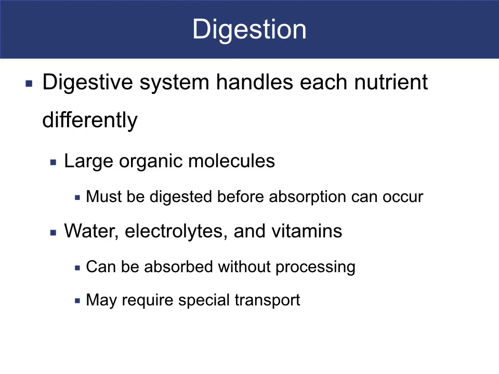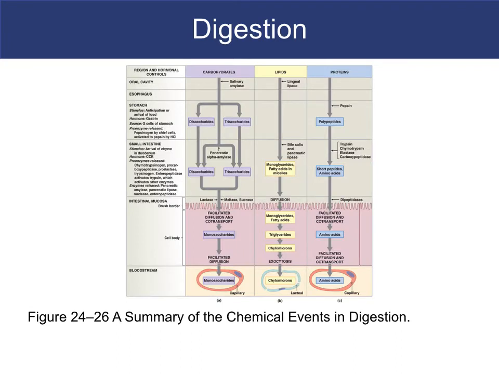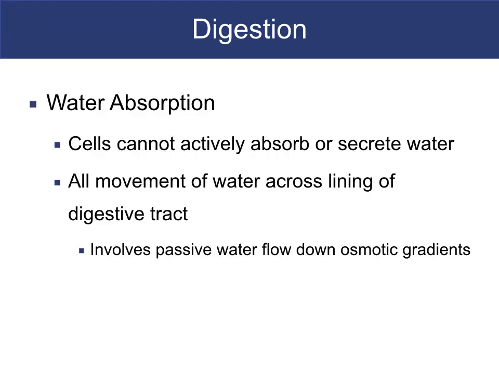The biggest ones, the big proteins, the big lipids, have to be broken down quite a bit before we can actually even absorb them into our bodies. And they may require special transport even. This is just kind of an overview, and it's very complicated, and I'm not going to go over it with you here now. But just so you know, here's some carbohydrates, here's lipids, here's proteins. They're all handled somewhat differently.